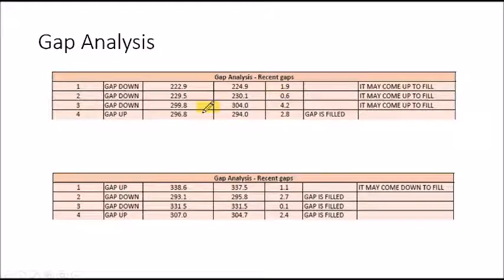So whenever the stock is near this range, you just need to remember that there was a gap and it might get filled. So this is a 4 point gap. If the stock is coming near to this, there are high chances of this gap being filled.